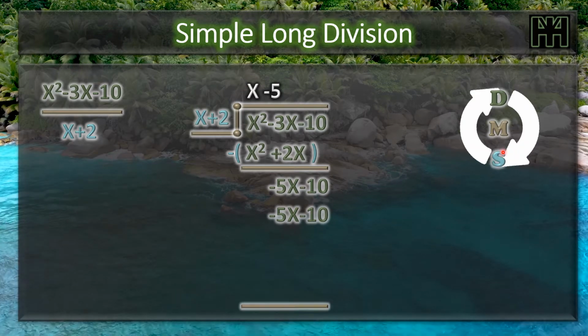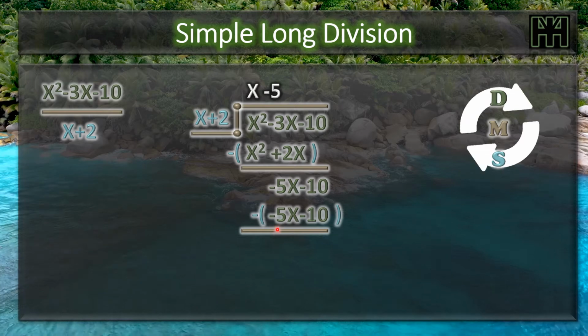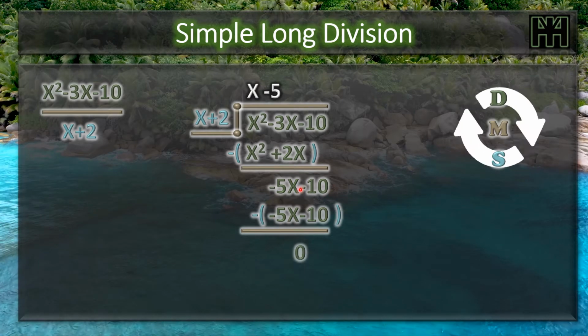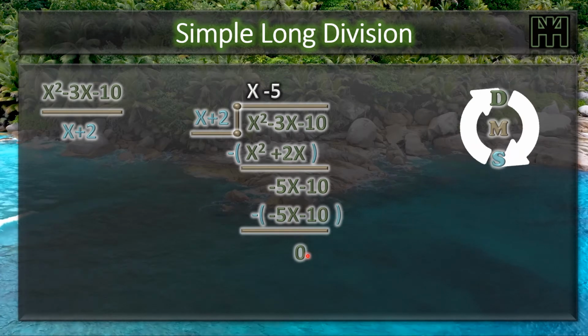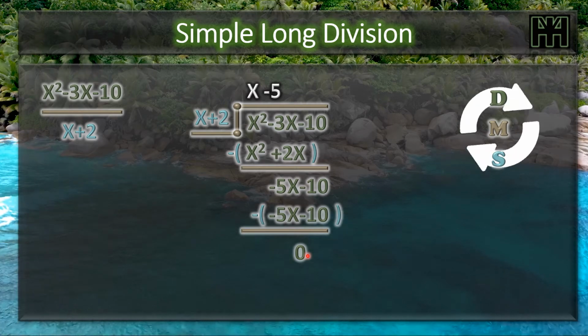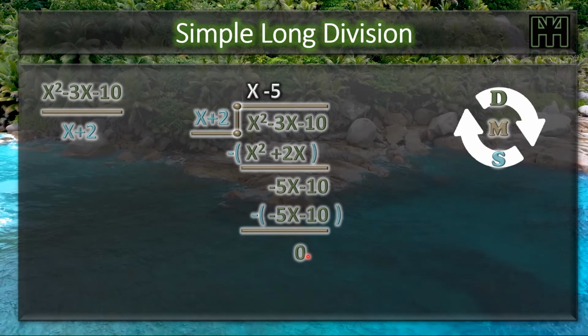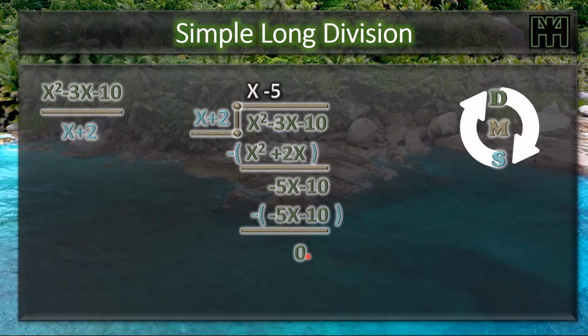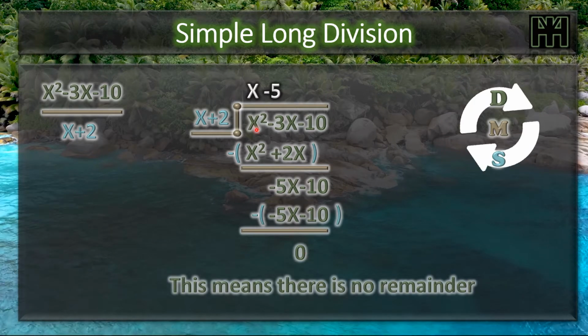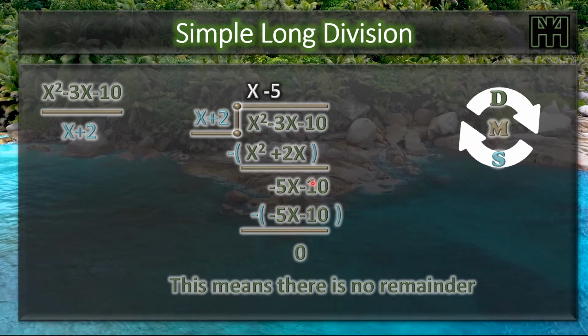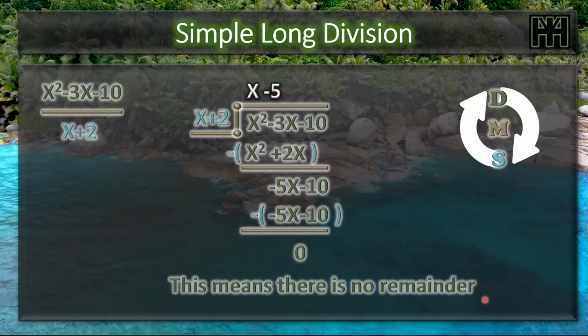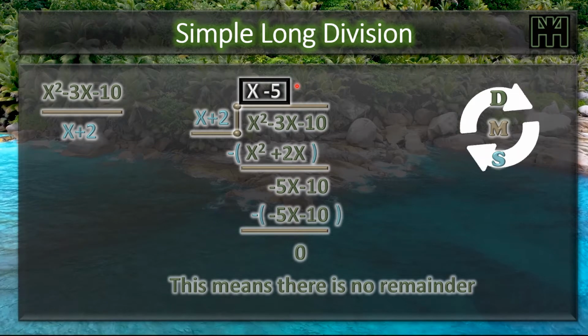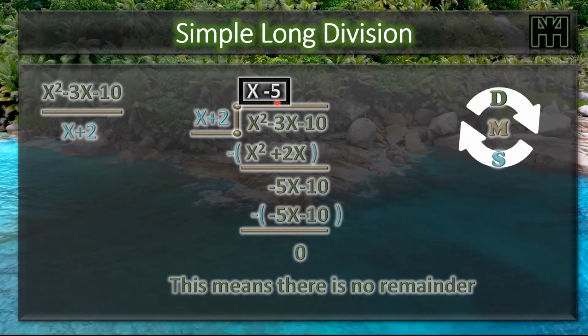Then we subtract. They will cancel out each other. They will be 0. What does that mean? It means that we have already solved our equation. This is the result, and there is no remainder. x minus 5 is our result.